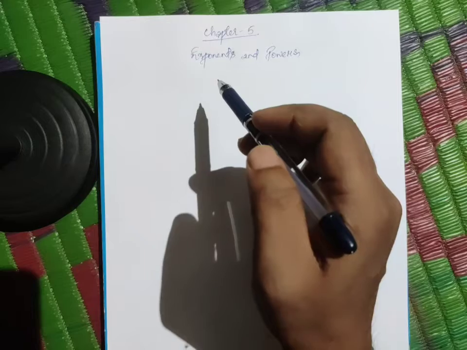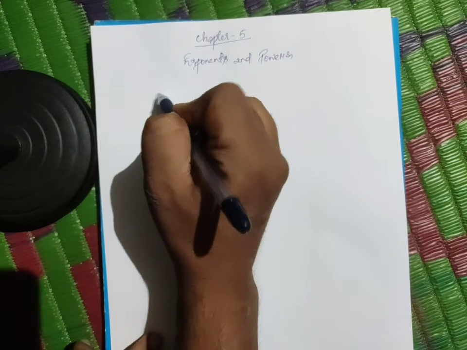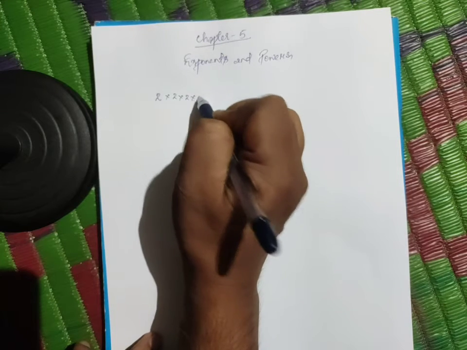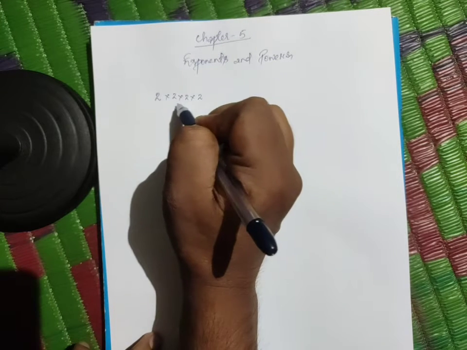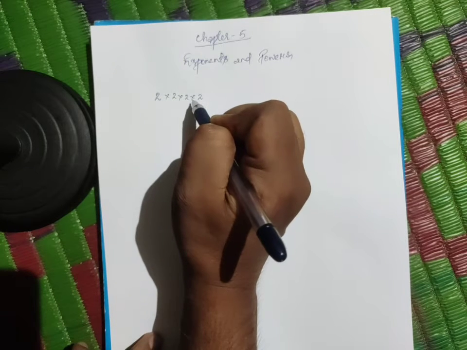So let us take an example. For example, you might have come across numbers like 2 into 2 into 2 into 2. These numbers are repeating, right? You see 2 is repeating here. So here how many times it is repeating? 1, 2, 3, 4.